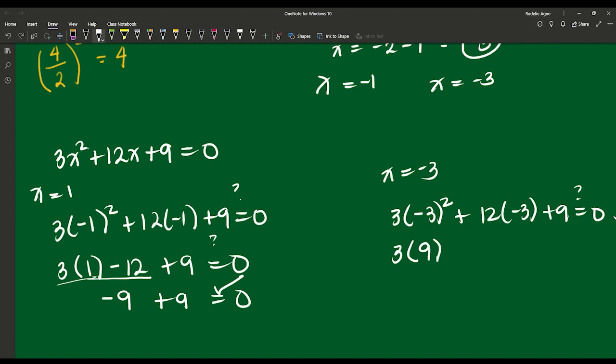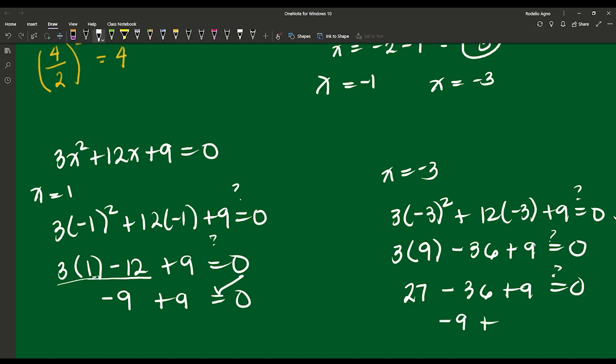Ito naman, 12 times negative 3 is negative 36. And then, plus 9 equals 0. Okay? So, 3 times 9 is 27 minus 36 plus 9 equal kaya yan sa 0. Tingnan natin. 27 minus 36 is negative 9 plus 9 equal nga siya sa 0. So, tama ang ating ginawa.